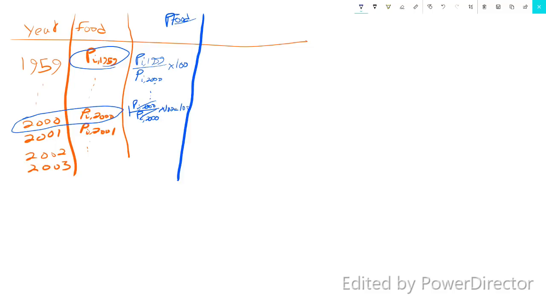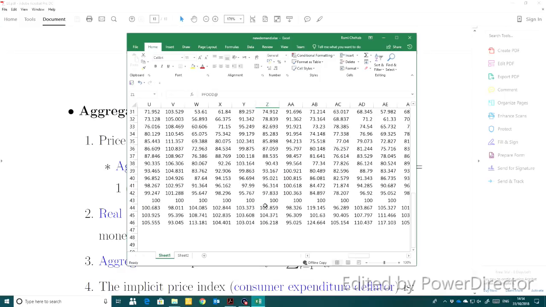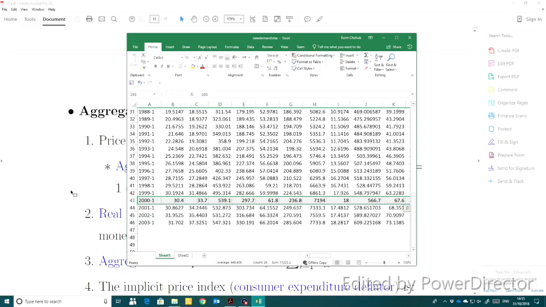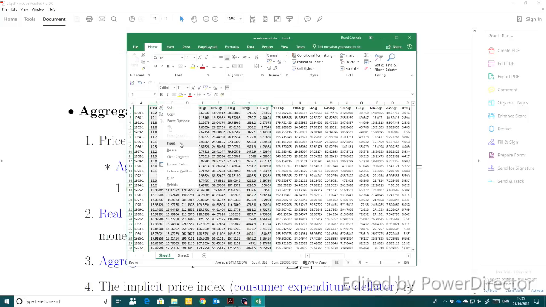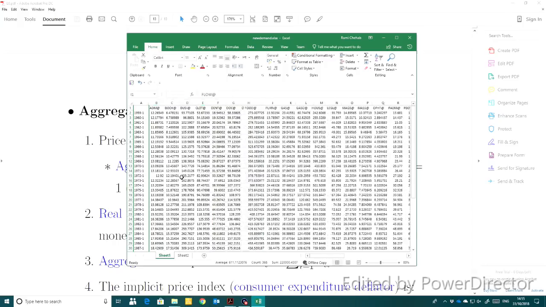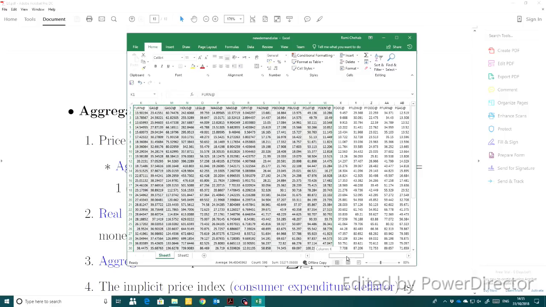And that's why, if you look at the data for all these commodities, here is P food. You will see that in year 2000 the value was about 100. Let me hide these cells just to show you. We're going to hide this, and the other thing over here. Where's P food here?